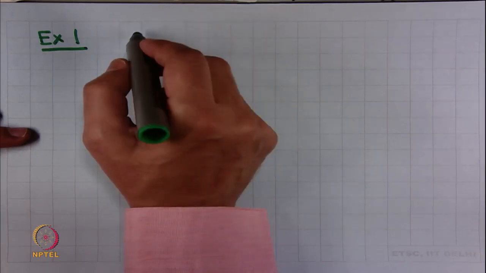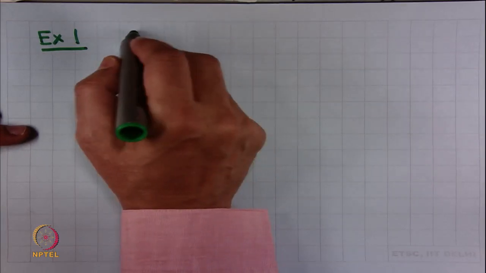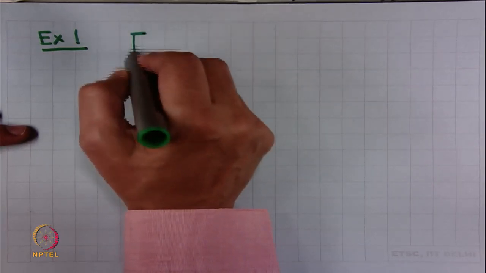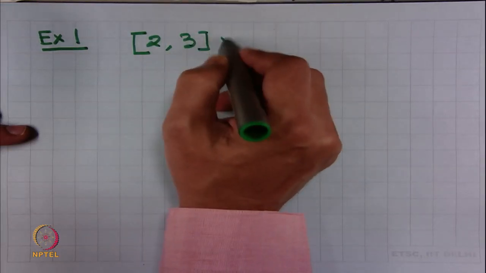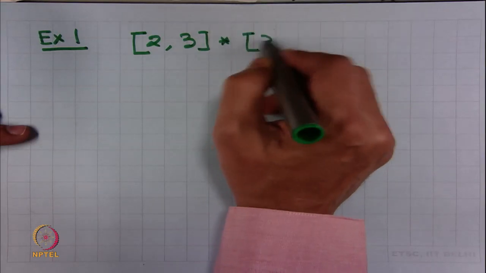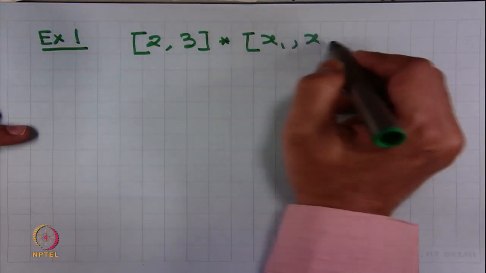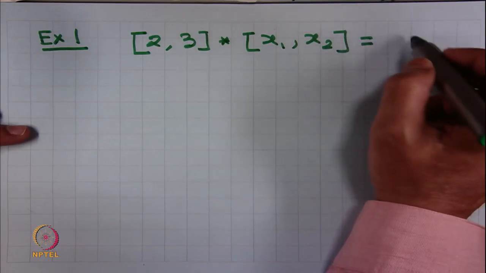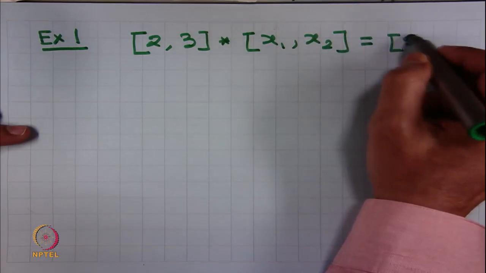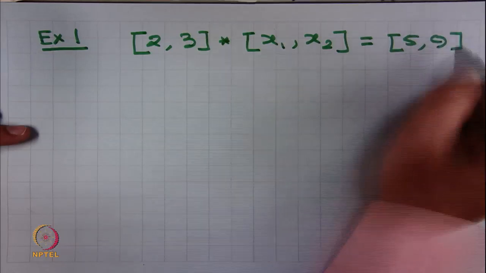So, let us consider examples, and we are in the interval arithmetic mode, and the equation to be solved, suppose, is 2 comma 3 star x1 comma x2 is equal to 5 comma 9.